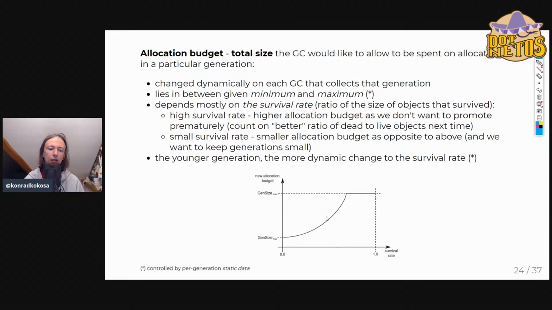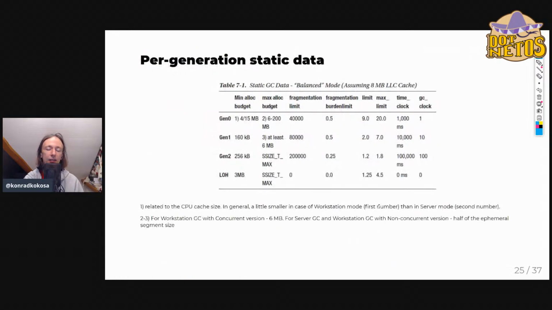And this minimum and maximum is per-generation static data, and also the survival rate and how dynamic the reaction is are part of the dynamic data. And this static data is presented here, just as an example for you to see what values are considered.